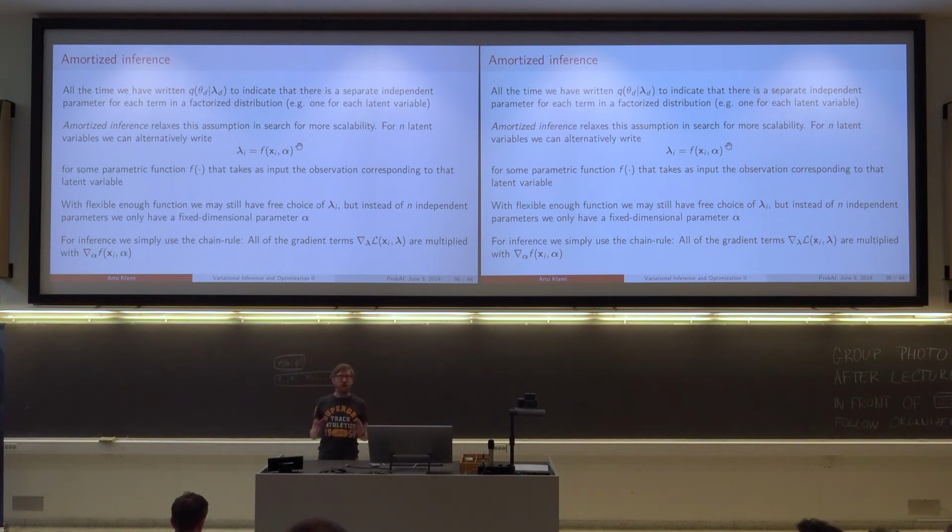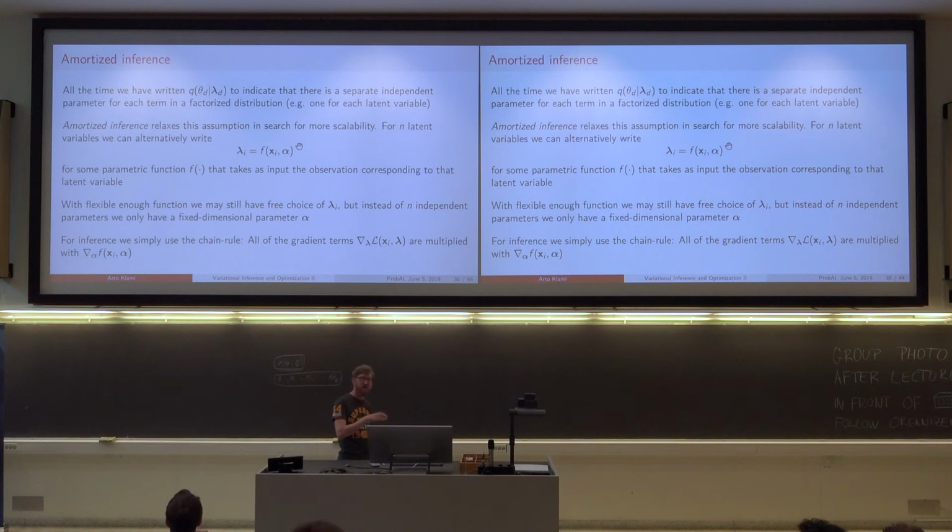If you look at yesterday's example of the actual update rule for a factor analysis model, you see that it's actually a linear function from the inputs to the parameters of this approximation. There's no point in having 2 billion parameters if you could just as well parameterize the linear function itself from the inputs to the parameters of the approximation.